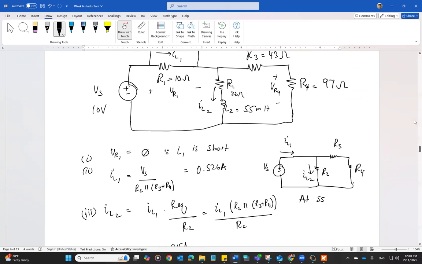Perhaps that might be the easier way. Or we can find how much current is going in R4, again using current division, or simply KCL. Since we know IL1 and IL2, we can calculate IR3, and then calculate VR4. Let's just do that.